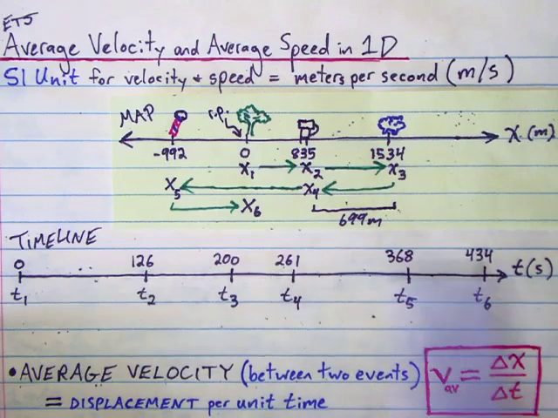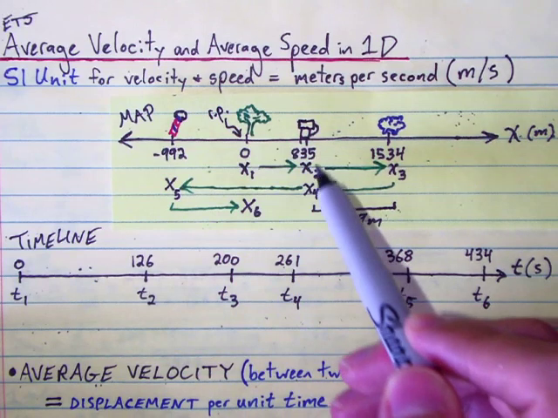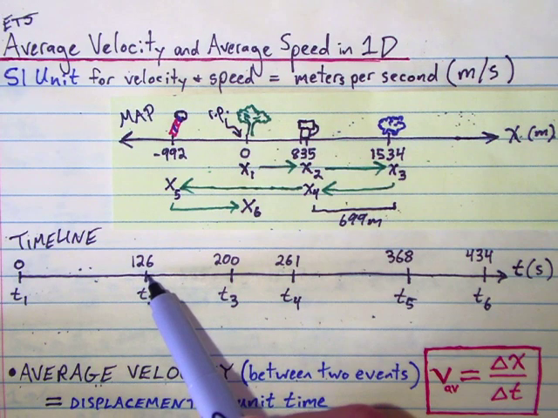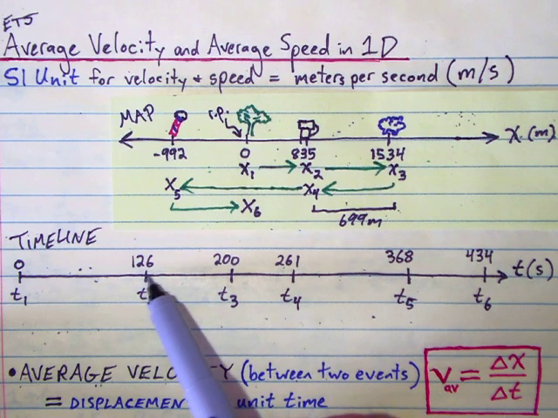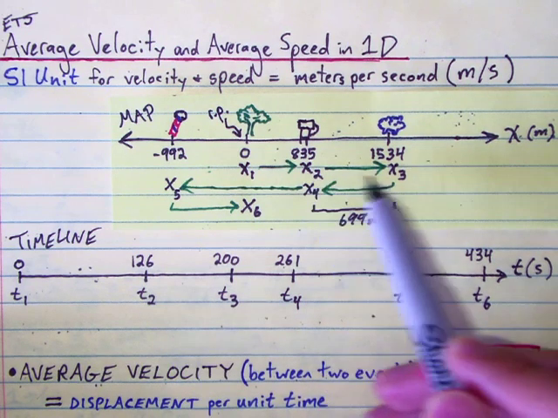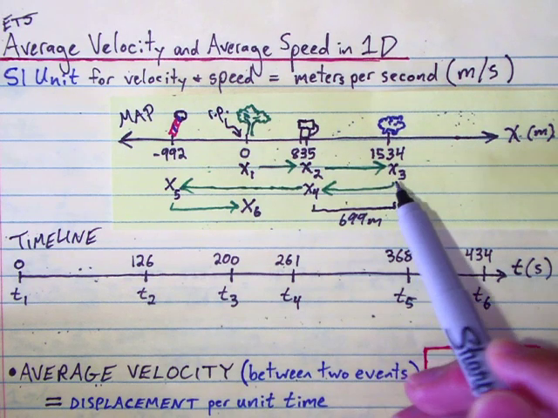So on our timeline, we have 6 times marking the times of each of these events. So when Chewy arrives at the gas station, that's event 2, he arrives there 126 seconds after he left the tree, and we'll assume that he immediately departed to go from event 2 to event 3.